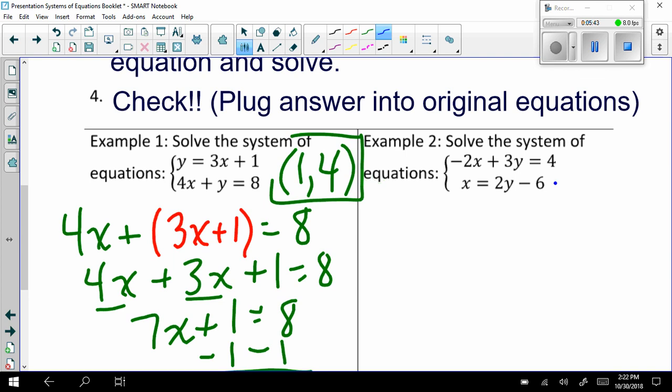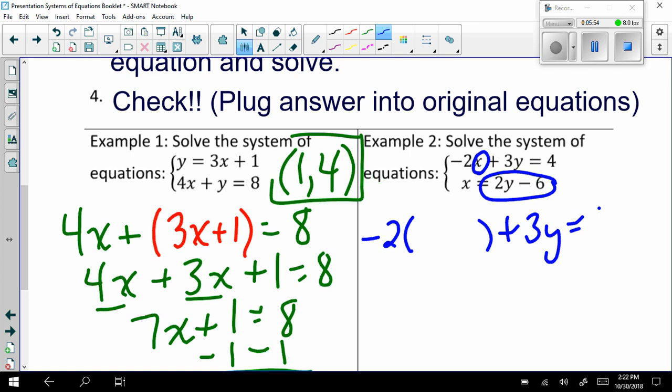So what I'm going to do is take what x is equal to, 2y minus 6, and replace it in for the x in the other equation. So see, this is negative 2. I'm taking out the x and replacing it with what x is equal to. I'm substituting, hence the name substitution. Everything else is staying the same. So that's my negative 2 times (2y minus 6).